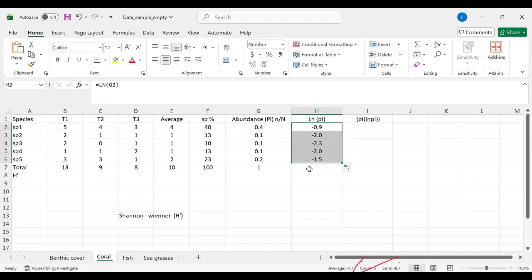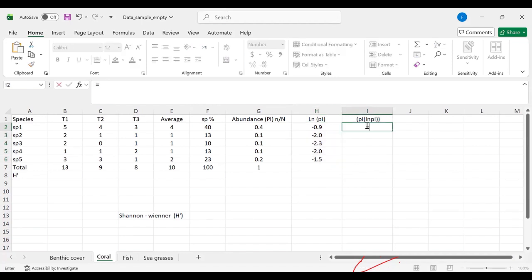I don't have to do total here, but here I will equal, okay, so I want to multiply Pi by ln Pi, so I'm doing like this, and drag down all.